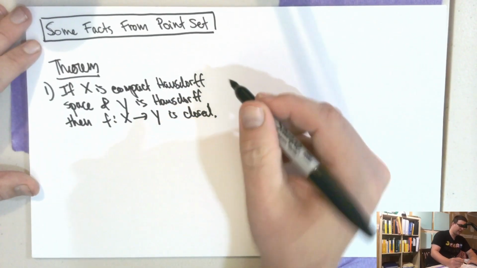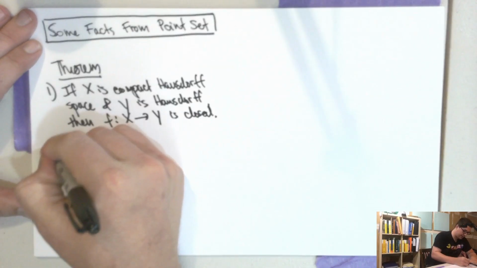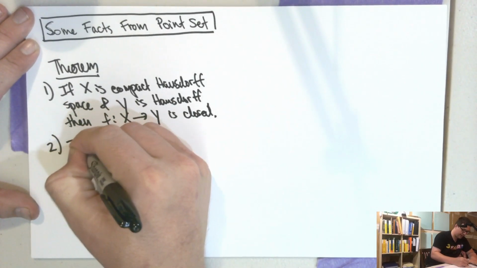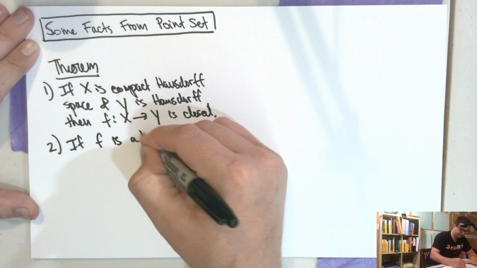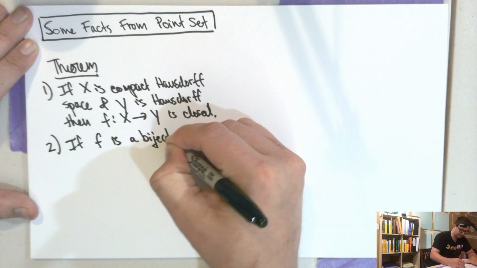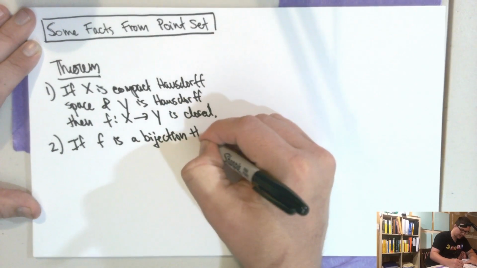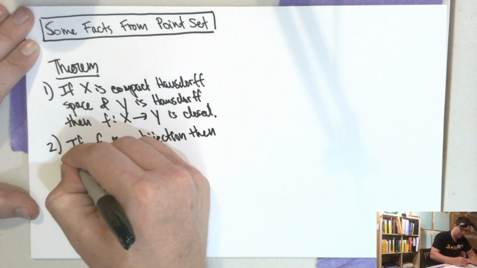Okay? And a consequence of this is the following: if f, as above, is a bijection, then it is a homeomorphism.